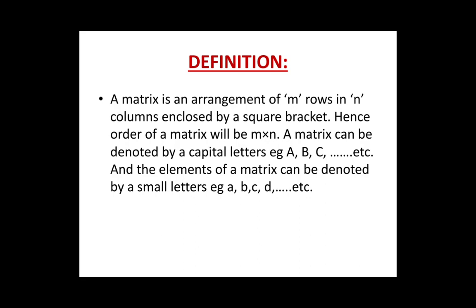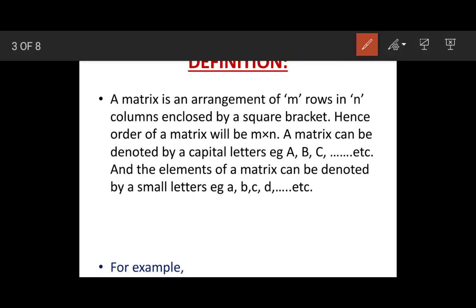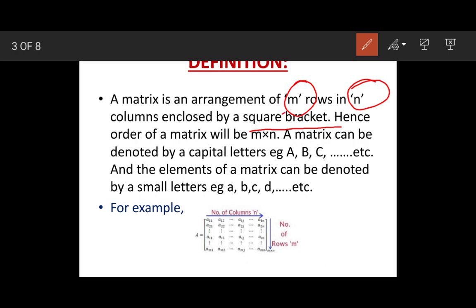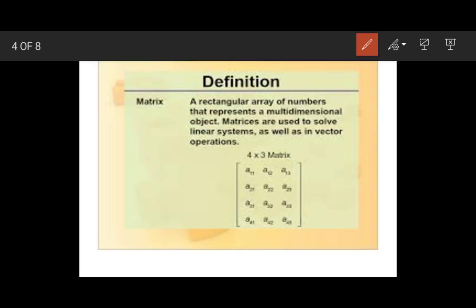A matrix is also the same thing, but in a matrix we arrange m number of rows in n number of columns, enclosed by a square bracket. These are the differences between determinant and matrices. In a matrix we are arranging any number of rows in any number of columns. It is not compulsory that rows and columns should be the same. The number of rows and columns may or may not be the same.